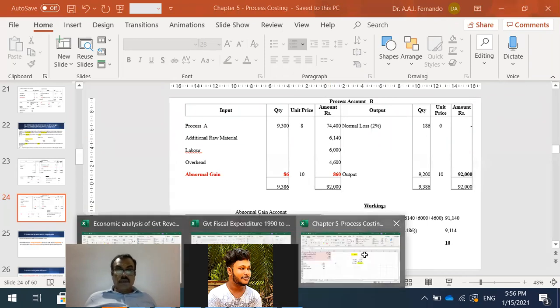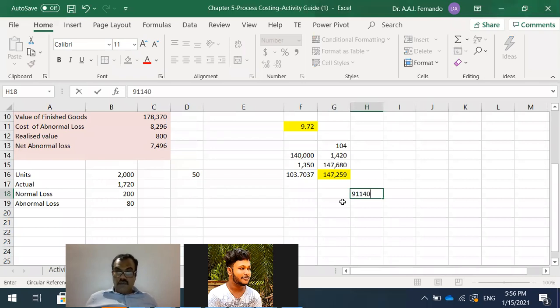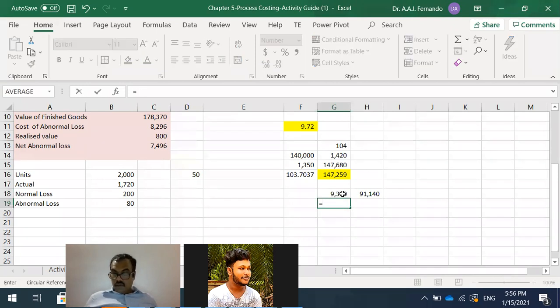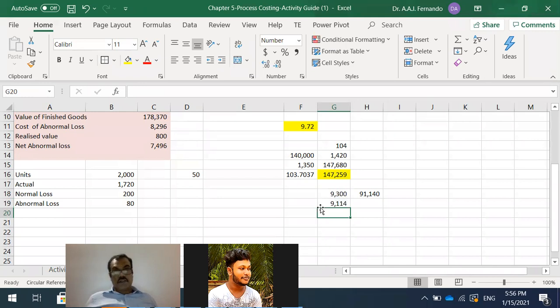Anyway, I hope, because I could not check it. 91,140, and the expected units, 9,300 into 98%. Yes, that is expected, correct, not the actual.